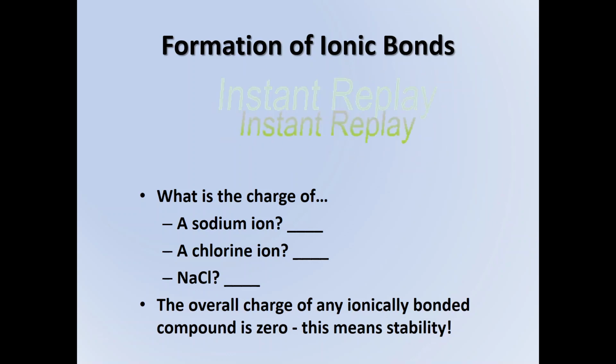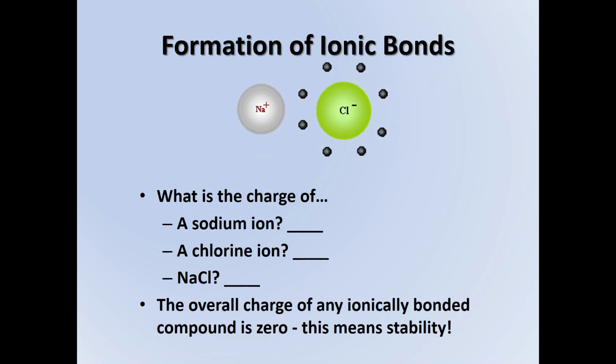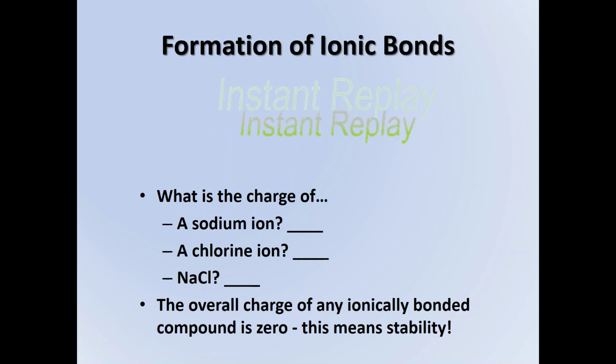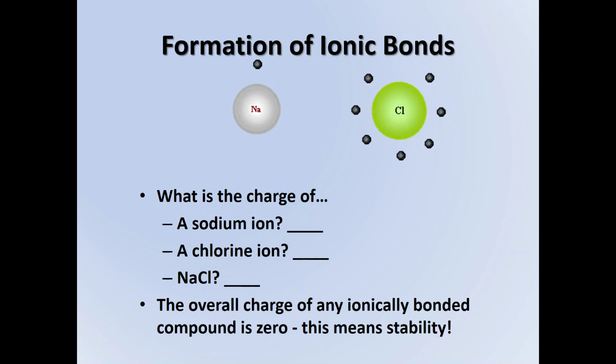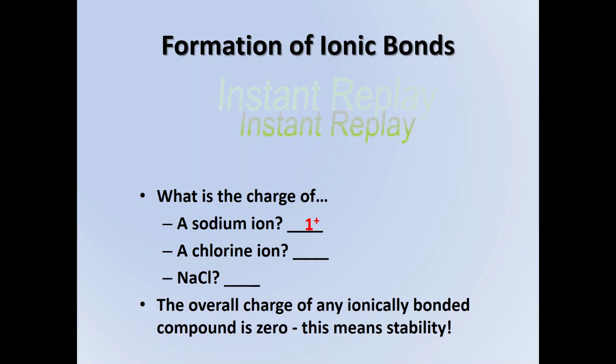So what is the charge of a sodium ion? Sodium wants to lose 1 electron and thus become positive. So how come it didn't lose something?